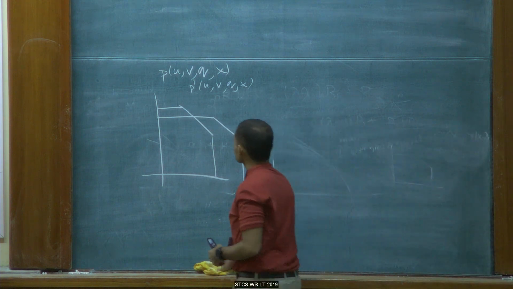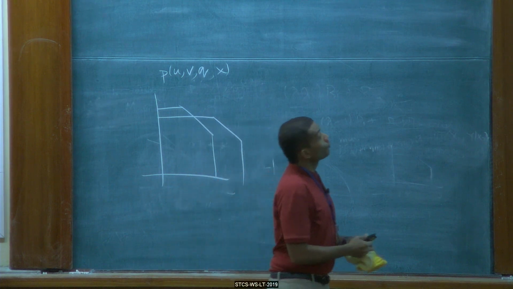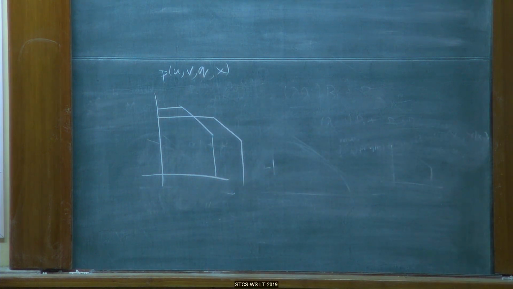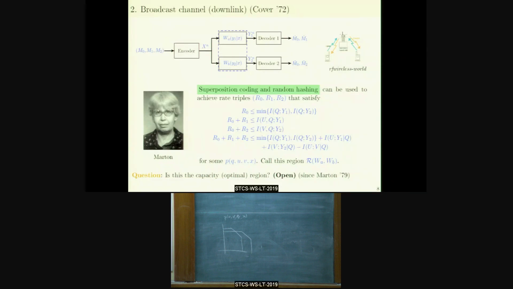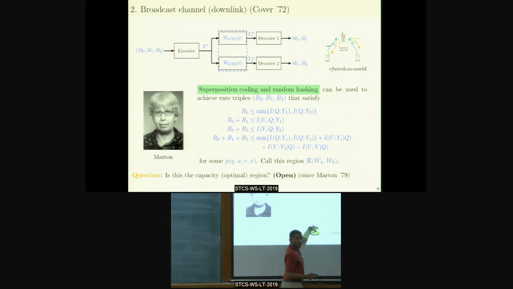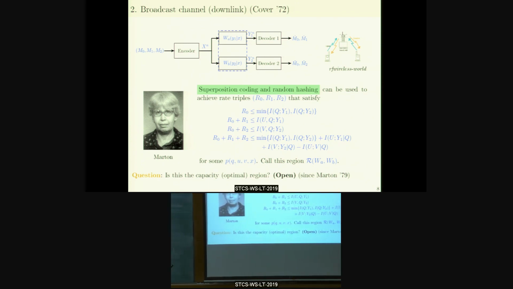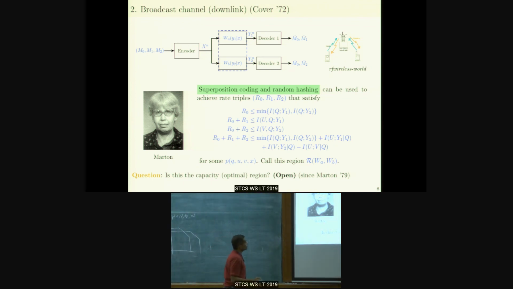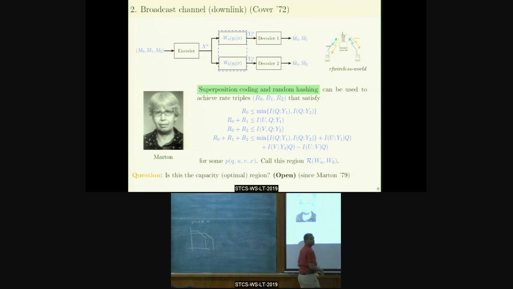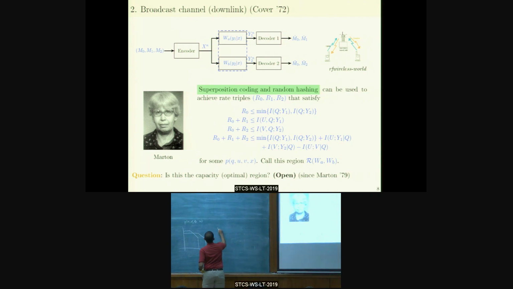So you take any distribution on Q, U, V, X. Q, U, and V are just auxiliary variables. You take a joint distribution, and this induces a joint distribution on the entire Q, U, V, X and the outputs, which are Y1, Y2, in the following way.